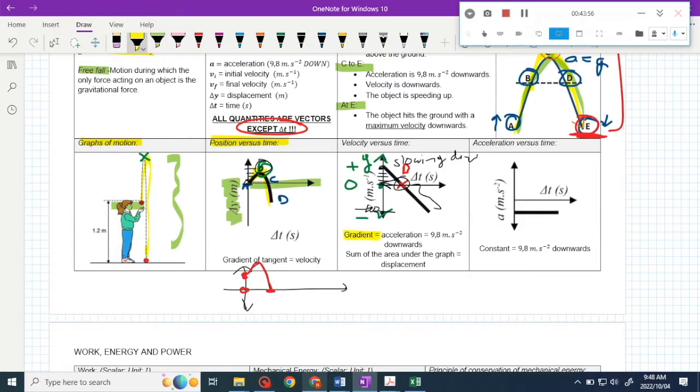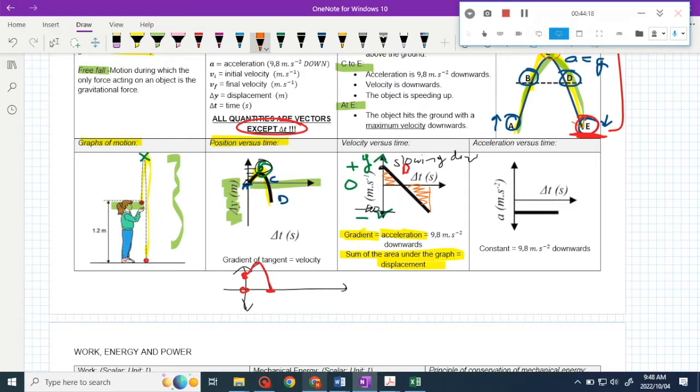The gradient of this graph is acceleration. The area under the graph is going to give you either the displacement, if you take direction into consideration, or it's going to give you the distance if you just add the numbers together. Area under the graph is going to be this triangle and that triangle.